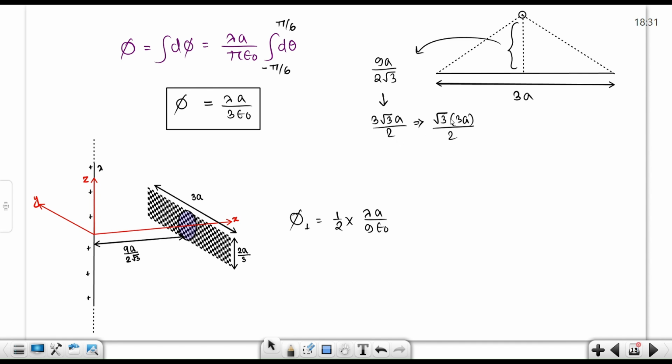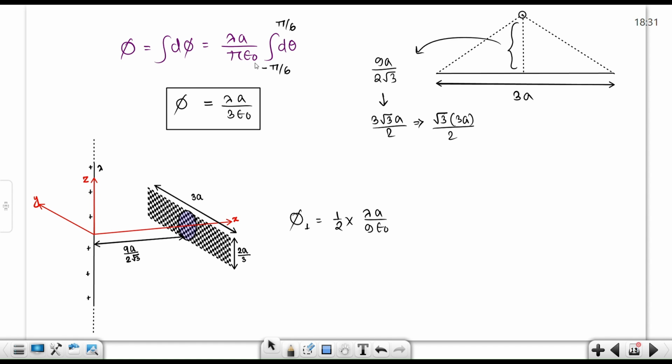Now if we write it like this, root 3 into 3a upon 2, then you can observe easily that this is an equilateral triangle, whose height is root 3 into the length of the side upon 2. So the angle here will obviously be pi by 3.